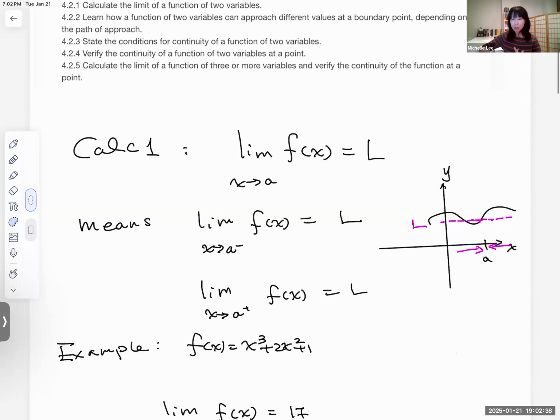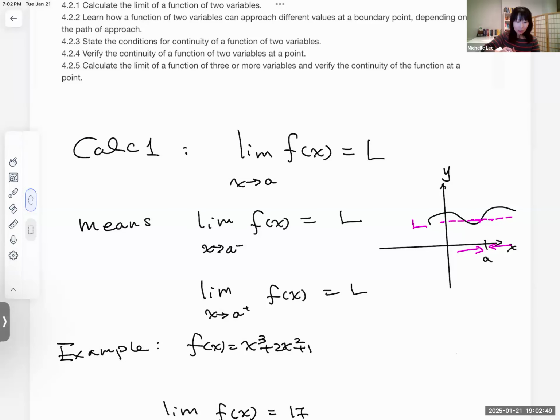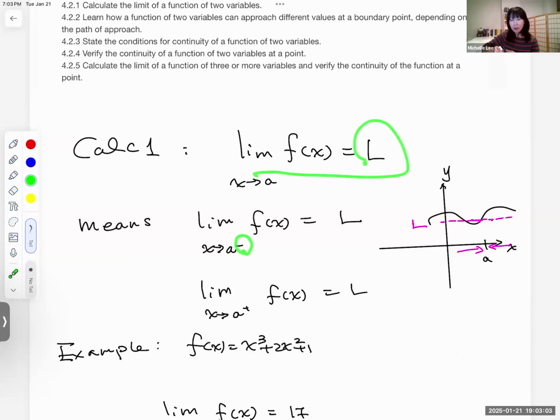As I told you earlier, in calculus 1, how did we find the limit of a function? When x approaches a, if the limit exists, there is an L, just any number. How do we find it? Here is a picture.